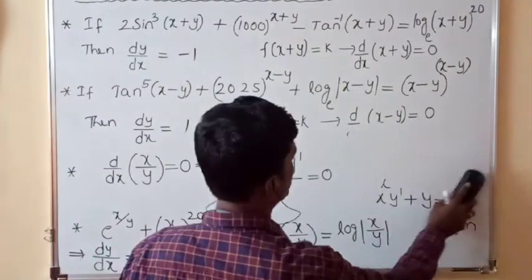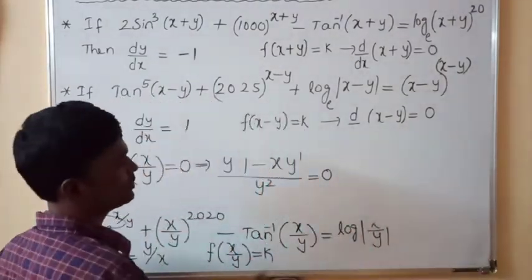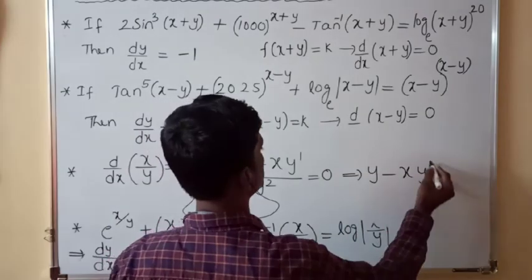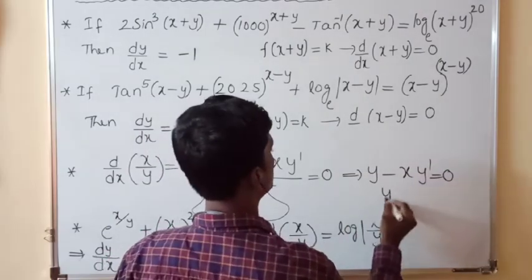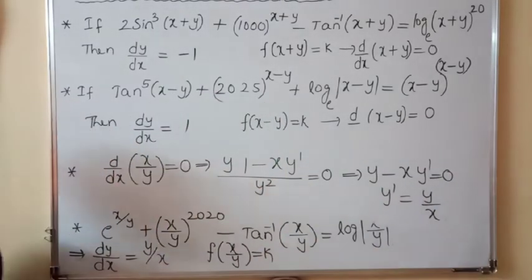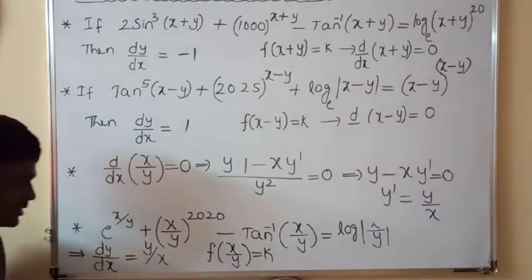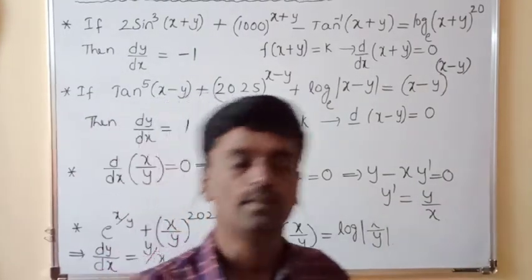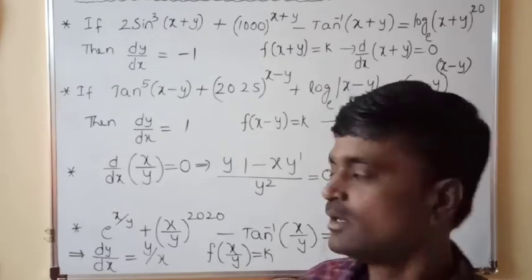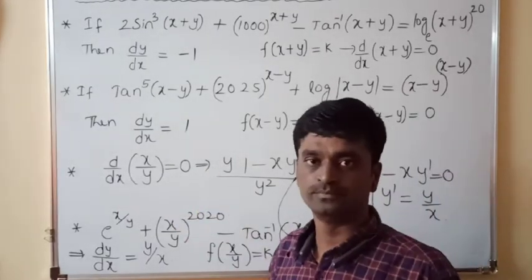So further, if you cross multiply y square, what you will get? y minus x into y dash is equal to 0. So from this y dash is equal to y upon x. So that means if the given equation is in the form of function of x by y is equal to k, then dy by dx value is y by x. Suppose if you are unable to remember, you remember this trick enough.